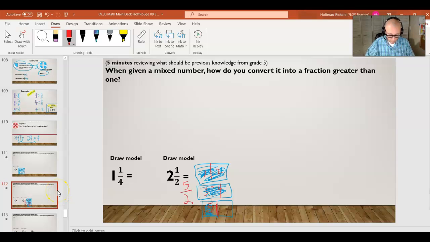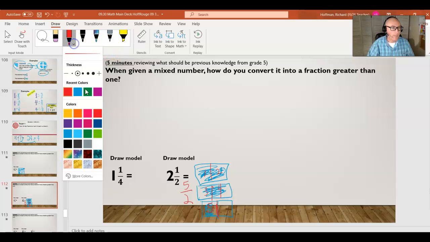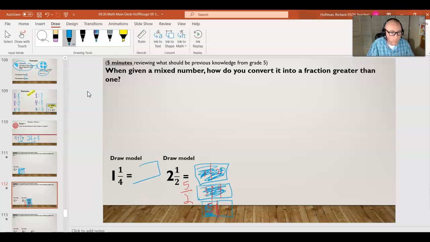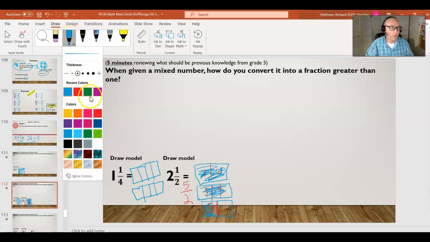Now going back to this 1 and 1/4. So we want to know basically how many fourths are there. I guess I should have picked a different color, but we're going to just roll with this.